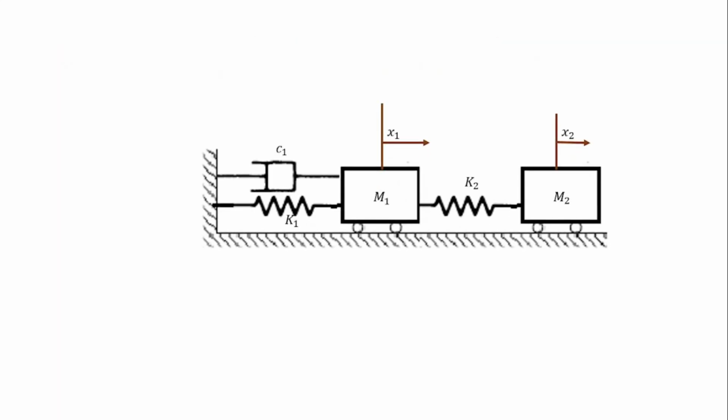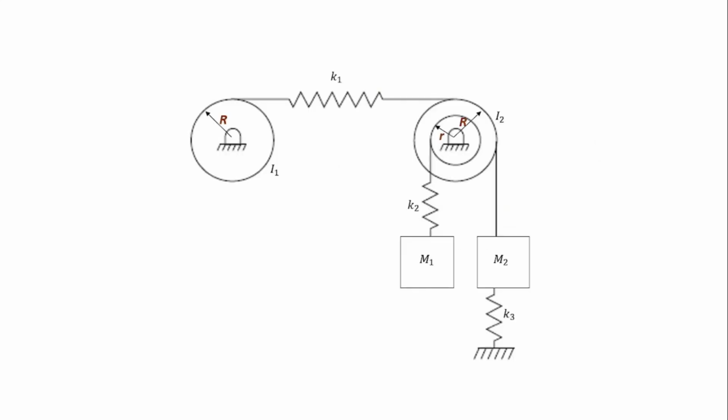So if we have this system, we talked about it before, one can easily tell it has 2 degrees of freedom. That mass M1 can be made to vibrate horizontally without affecting the vibration of mass M2. So we can take the generalized coordinate of M1 to be x1, while the generalized coordinate for the mass M2 is x2.